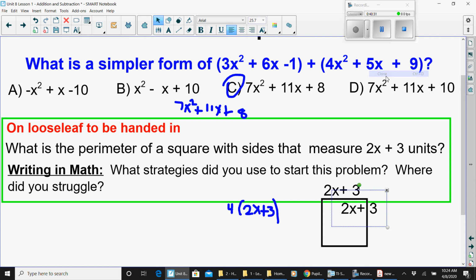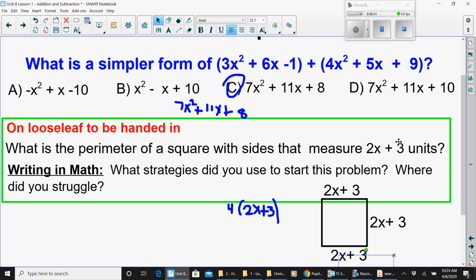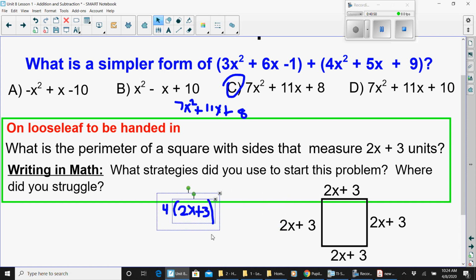And you could really just add, each side is definitely the same. They're equal. And instead of adding 2x plus 3 plus 2x plus 3 plus 2x plus 3, you just multiply by 4, which would be an easier way of figuring out the perimeter, right?